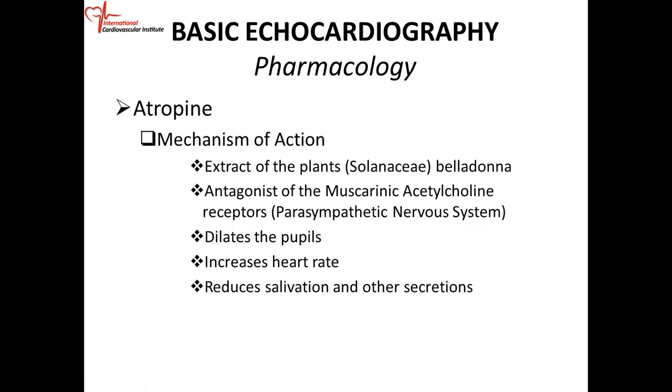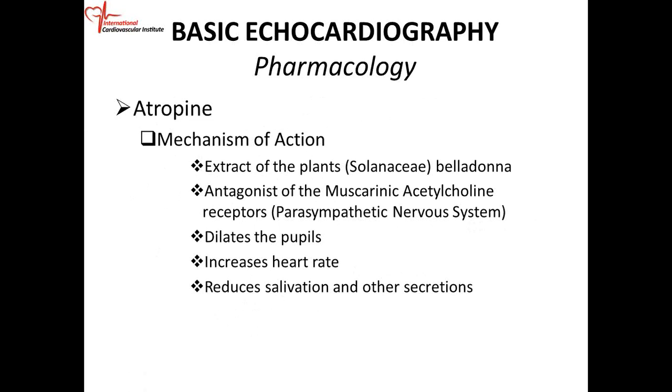So atropine is very important to us in cardiology. We use atropine quite extensively. When you're doing a dobutamine stress test, if you max out on your dobutamine and the heart rate is not at target, you can give the patient atropine, which will increase the heart rate. Right?